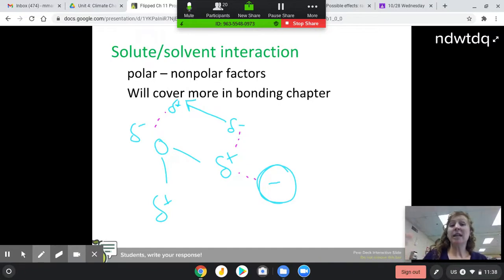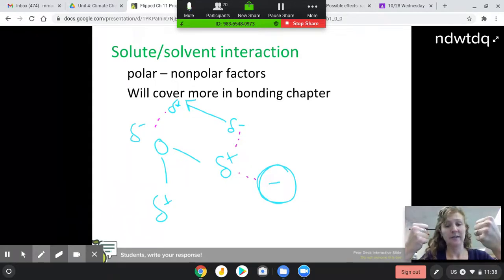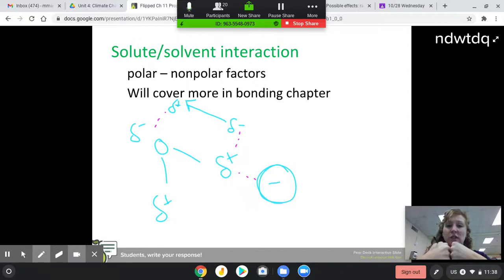So polar things tend to attract ions and other polar things. And in the same way, nonpolar things affect nonpolar things. So this obviously is going to have a huge impact on solubility of things, because if we try to put something polar, like sugar, into something nonpolar, like oil, those two are not going to show any attraction towards each other.